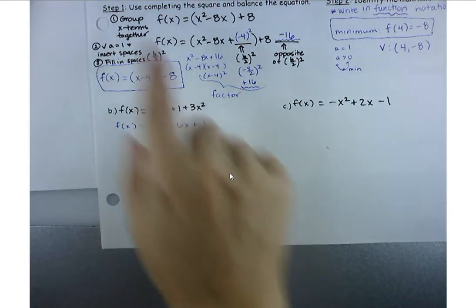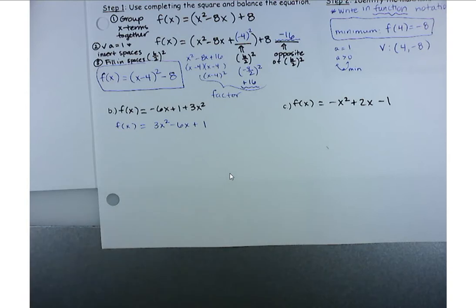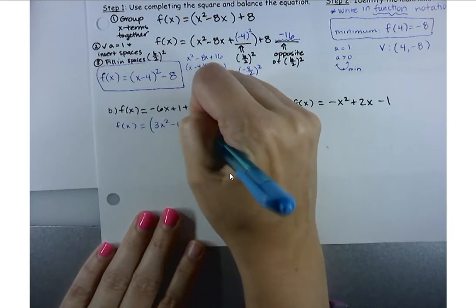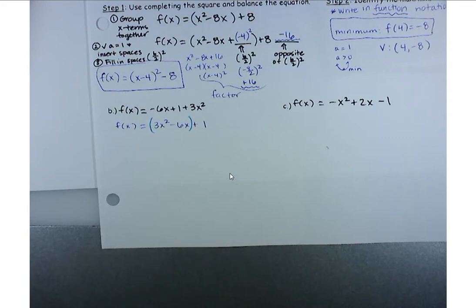Again, the first thing we want to do is group our x terms together. So I'm just going to group my first two terms. Then it says check if a is equal to 1. Is a equal to 1 here? No. What's my a value? My a value is 3.